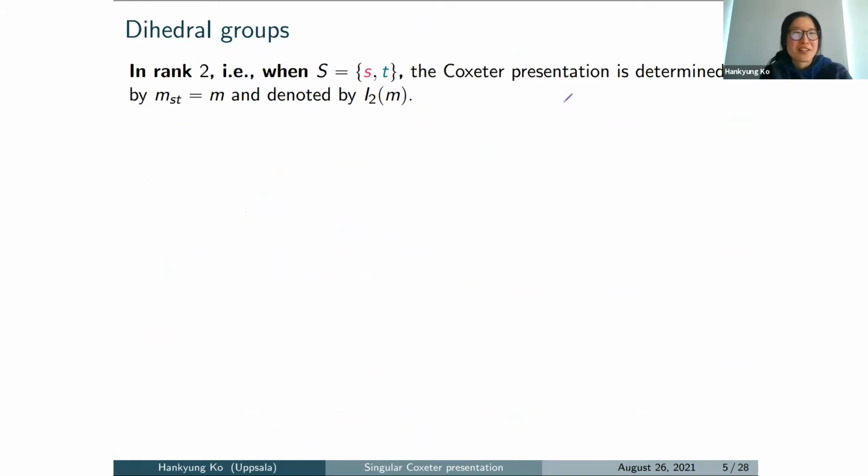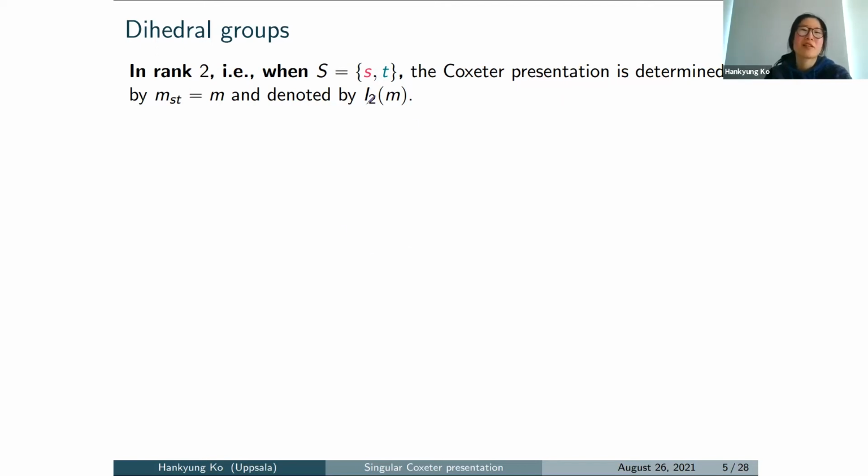Another example is the dihedral groups. This is when the generating set S consists of 2 elements denoted by S and T. In this case, we have only two generators, so the presentation is determined by one integer, m.